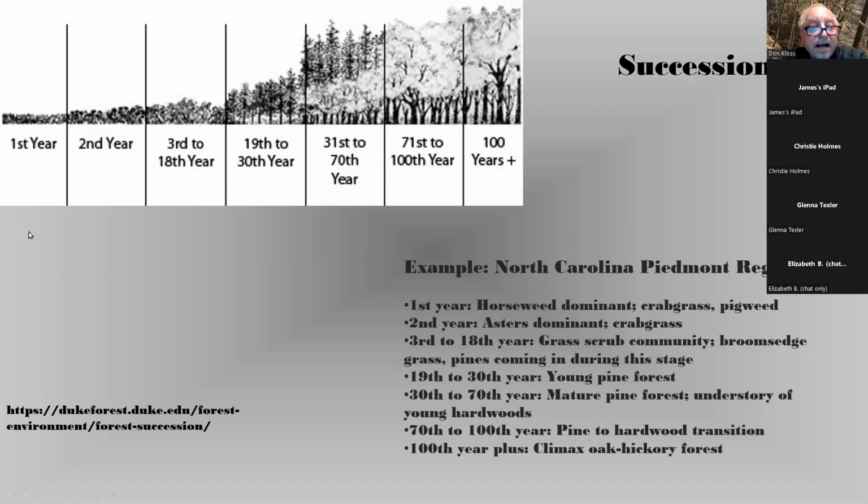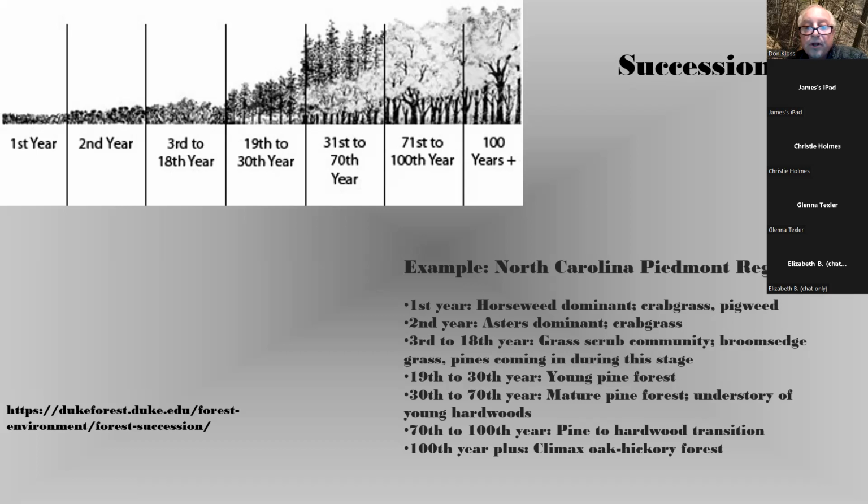From left to right, when land is left undisturbed, land that used to be farmland in this case, the first year, it is what is called horseweed dominant. The land gets taken over by crabgrasses and pigweeds. The second year is what is called asters dominant. Crabgrass is the main thing that is dominant on the land.